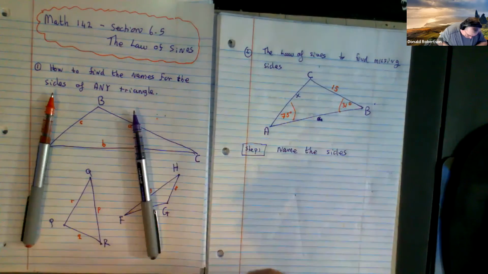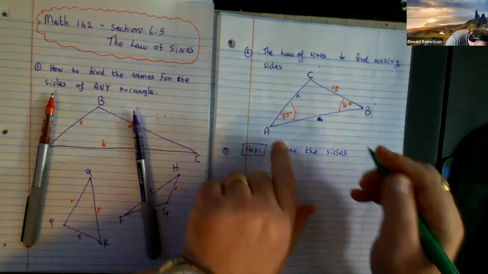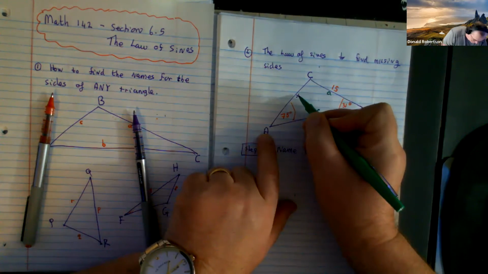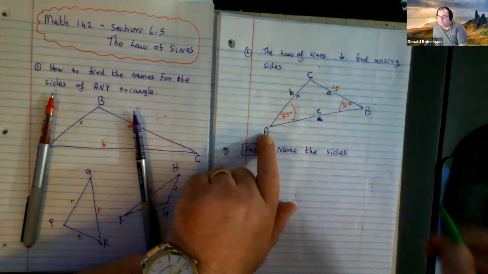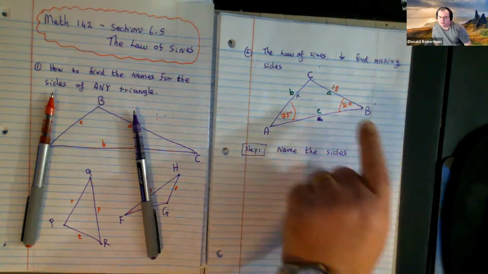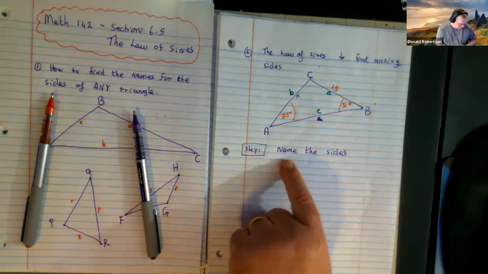So in this case, this side is little a, this side is little c, and I know that's got an x on it, but isn't it also little b? Are we comfortable with that? Little c, little b, little a. Step one, name the sides.